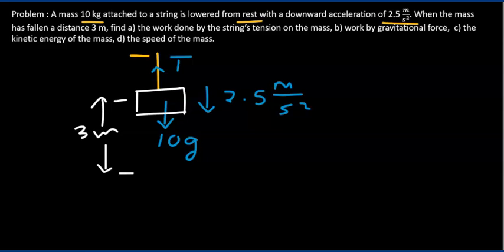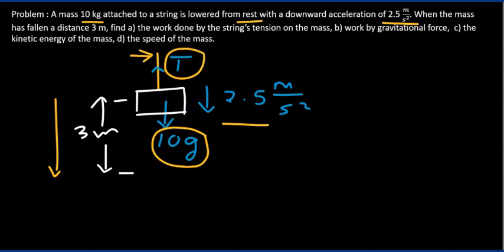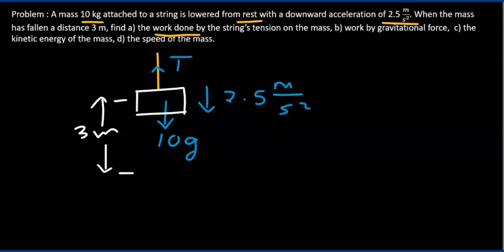So this is the string, and the mass is 10 kg, so the weight is 10 times gravity, and there is tension acting in an upward direction, capital T, the tension in the string, that is. The acceleration is downward, 2.5 meters per second squared, and it falls a distance of 3 meters. Find the work done by the string's tension, that is by this force right there on the mass.